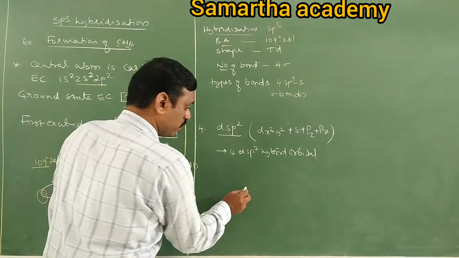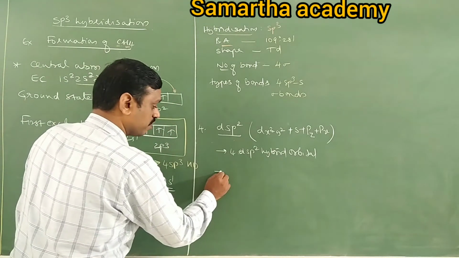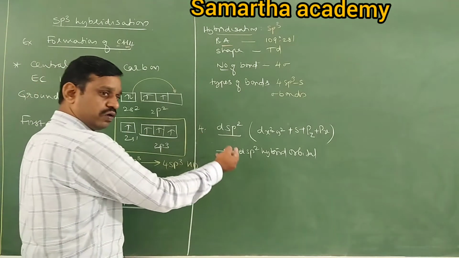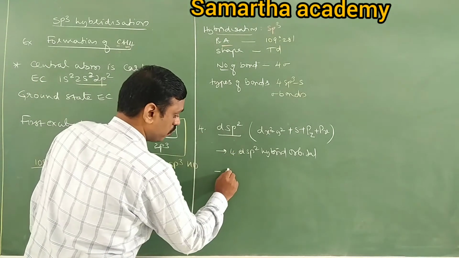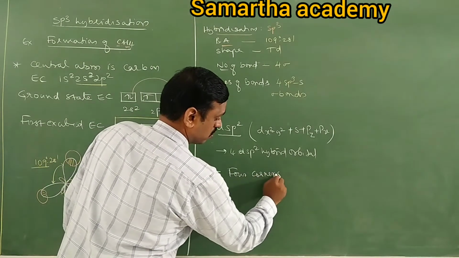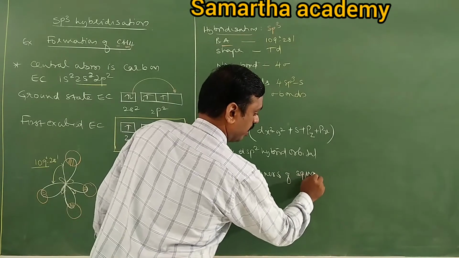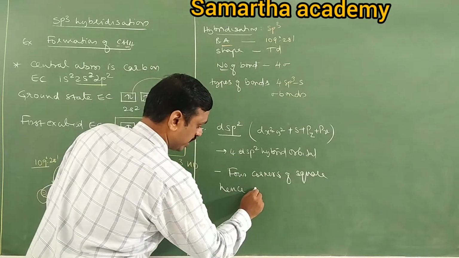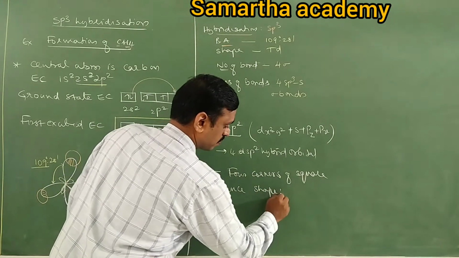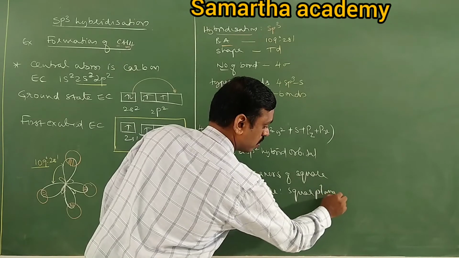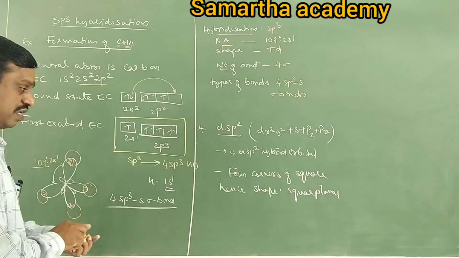These 4 dsp2 orbitals are placed at 4 corners of the square. Right? Hence, what is the shape of the molecule? Hence, shape is square planar.